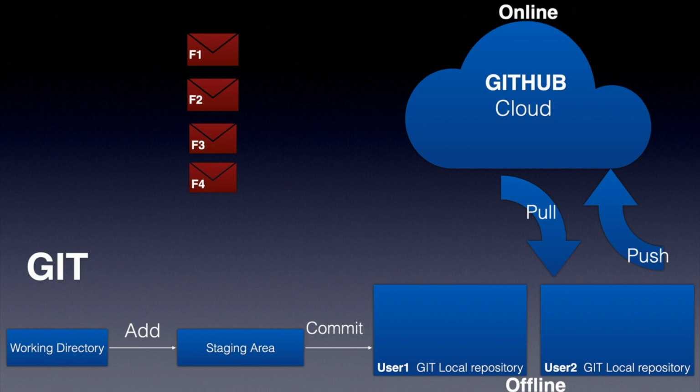Let's say multiple people are working on one project, and Git will help you track who did what, at what time, and what change. It helps you determine exactly what changed and who changed it and why, and so on. We'll talk about that in more detail.